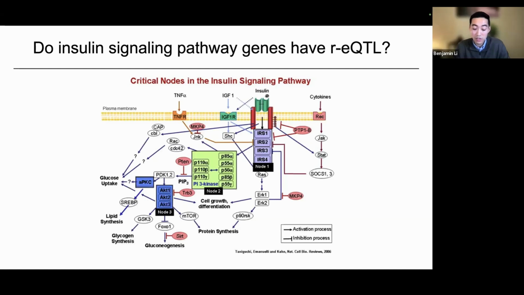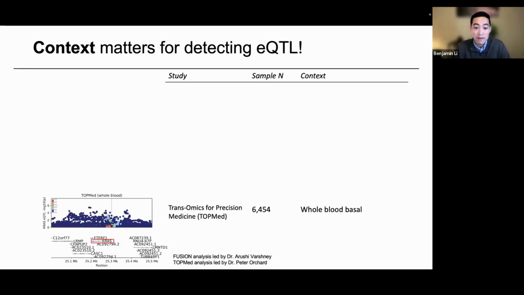So does the regulation of these genes change across contexts? I'll show you an example here for a well-known gene, KRAS, which is tied to many things, including cell growth. And as you can see here, it's a central hub or node in the insulin signaling pathway.